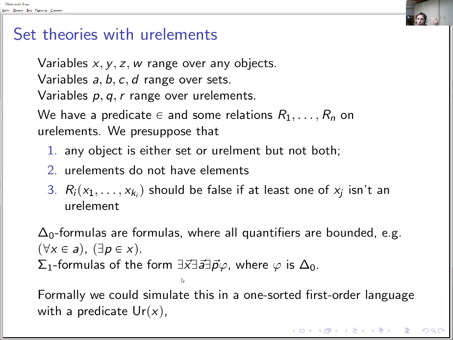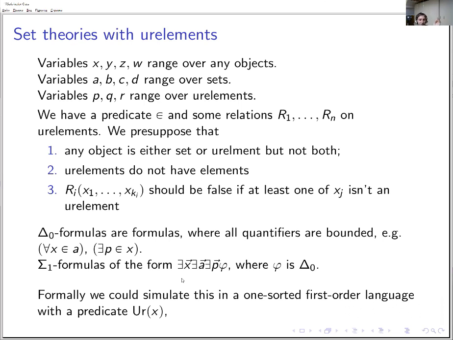Then we have the initial restrictions on the membership predicate and the predicates Ri. An urelement shouldn't have any members, so nothing could be a member of an urelement. And predicates Ri are defined only on urelements, so if you put as an argument something that is a set, then automatically Ri should be false.